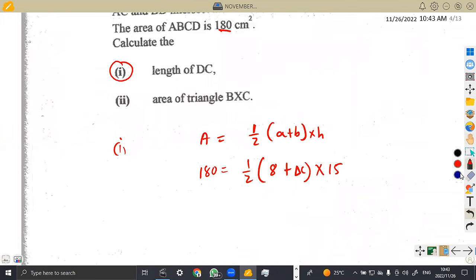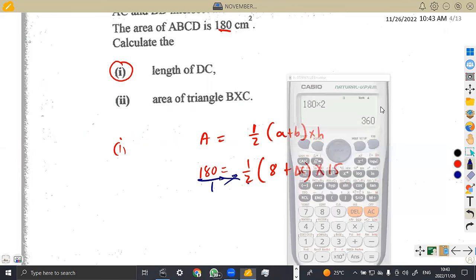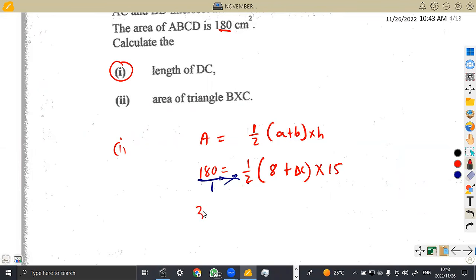Someone can opt to just cross multiply here to remove this 2. So it's 2 times 180, which is 360. So 360 is equivalent, we no longer have this fraction here. So it is equivalent to 8 plus DC, whatever that we have, times 15.